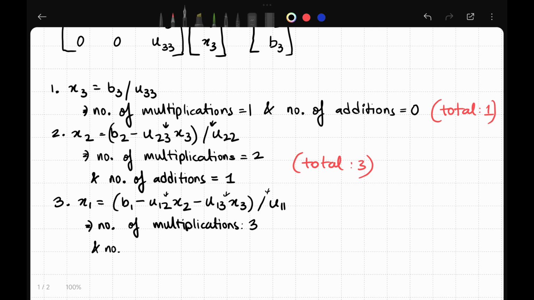And the number of additions or subtractions is how many? You have one here, you have one here, so 2. So this is the thing for x1, and here we have a total of 5.